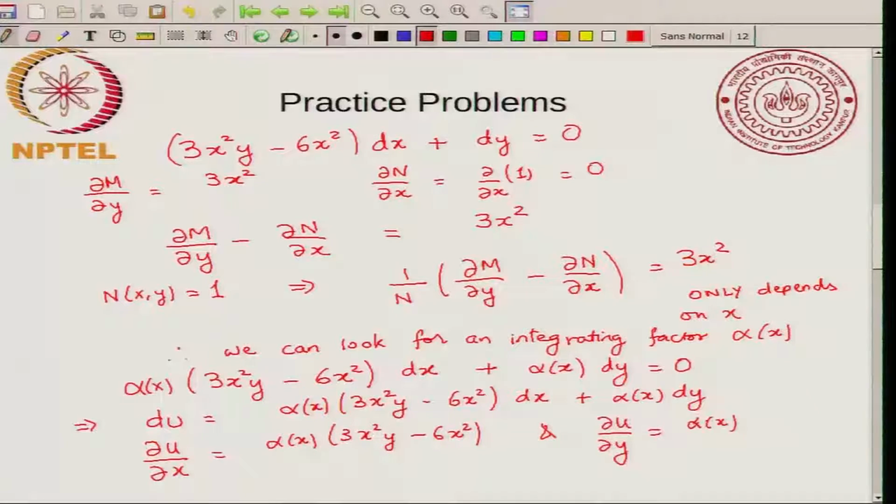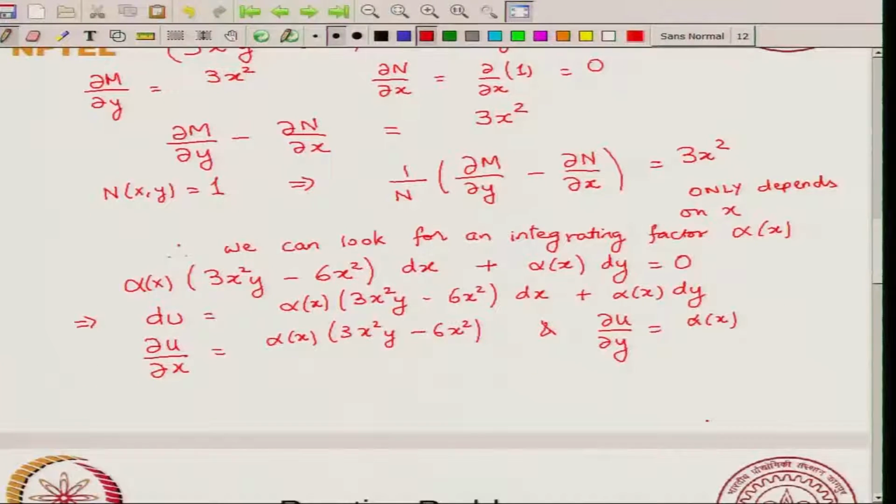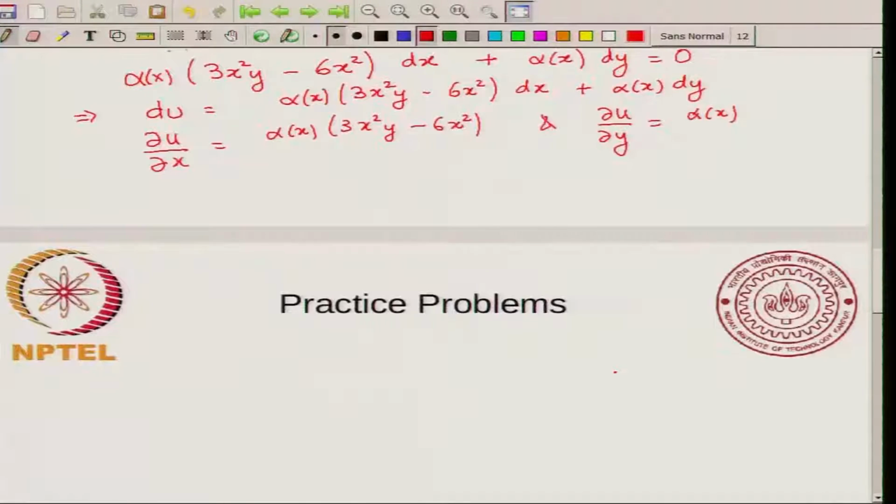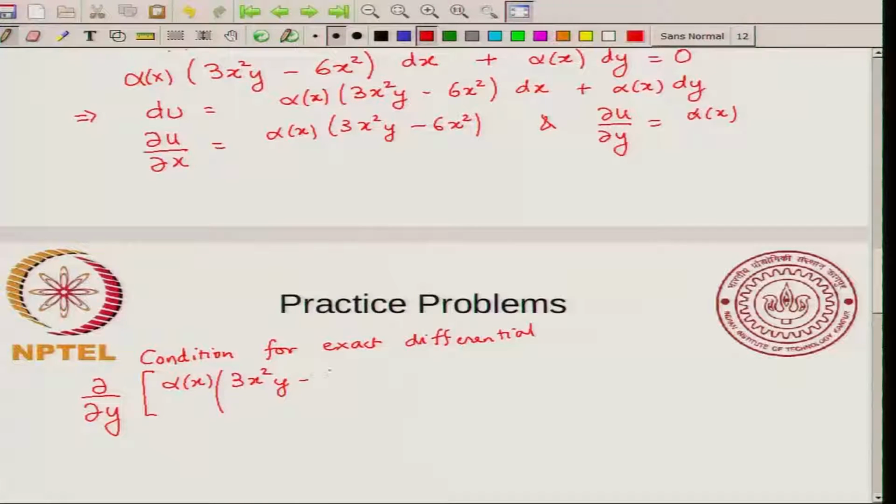Now, we will come to this a little later, but let us go back to the condition for exact differential. The condition says that dou by dou y of alpha of x times (3x square y minus 6x square) should be equal to dou by dou x of alpha of x.